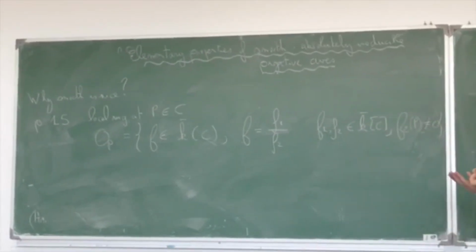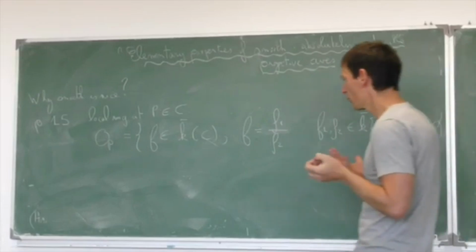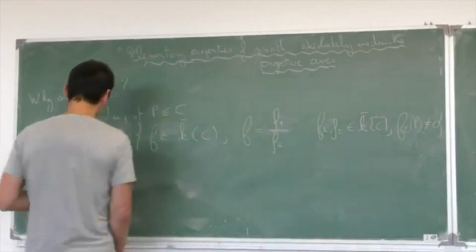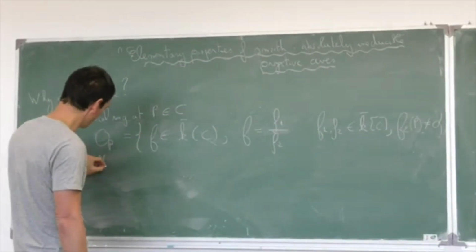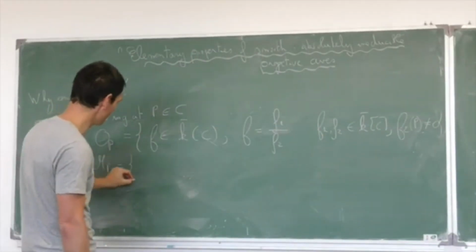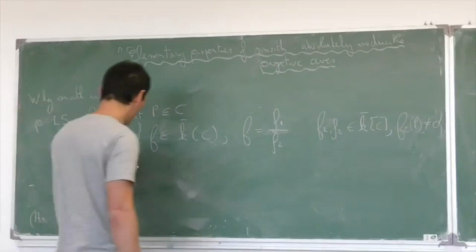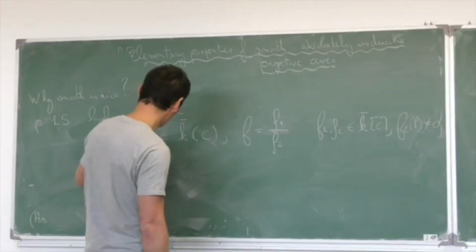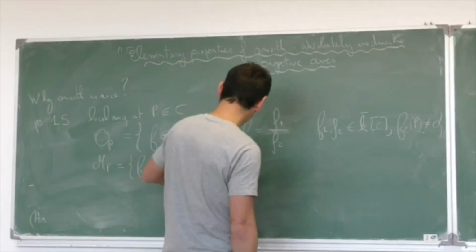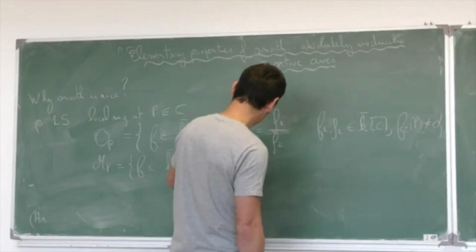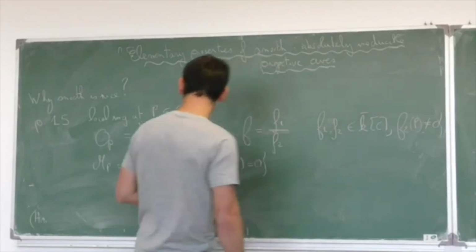So it is a local ring indeed because it contains a unique maximal ideal. The unique maximal ideal, I'm going to denote it M_P, and it's easy to see that it's the set of f inside K bar of C such that f at P is 0. All right?